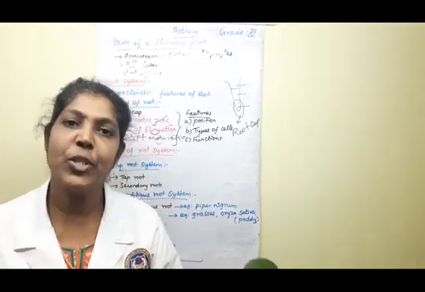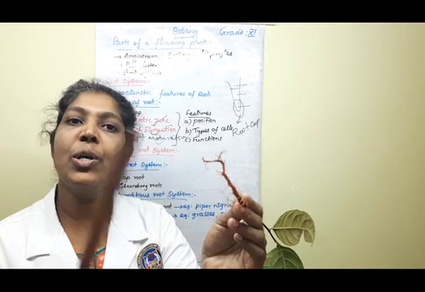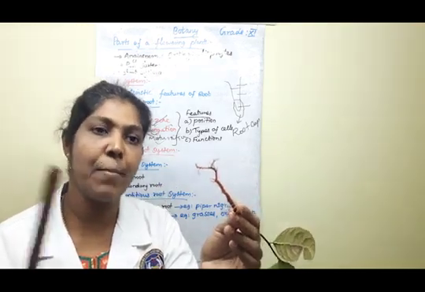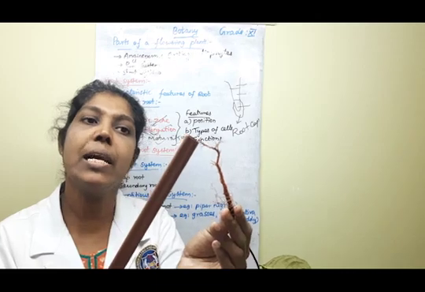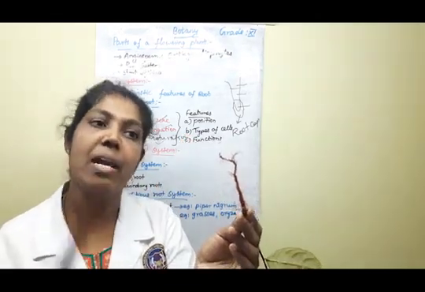So first, looking at them one by one, the first is the position of the cells. The meristematic zone is present at the tip of the root. Only at the very tip region are the meristematic cells present.